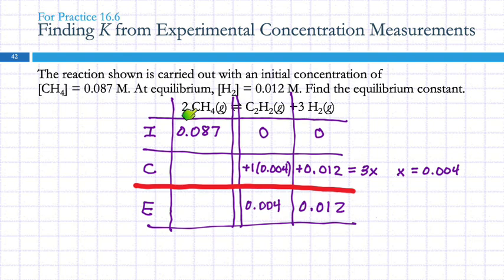How much did the CH4 change? By 2x, right? So this decreased by 2 times that value. This one increased by 3 times it. This one increased by 1. This one decreased by 2. Okay?